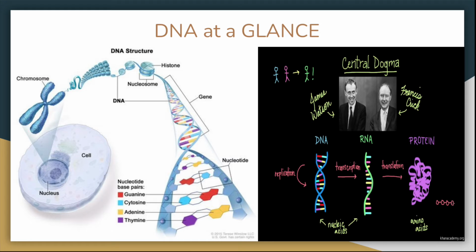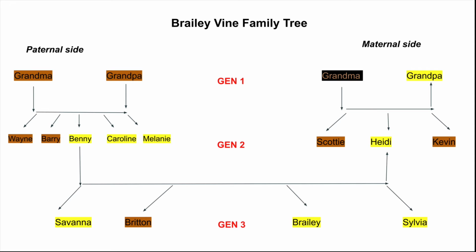Now that we're acquainted with the basics of molecular biology that makes us who we are, it's time to study Brailey's family. So right in front of you, you see her family tree, her paternal side and maternal side, and the different members of her family. So you can see her grandparents from both sides, and you can see across 3 generations.